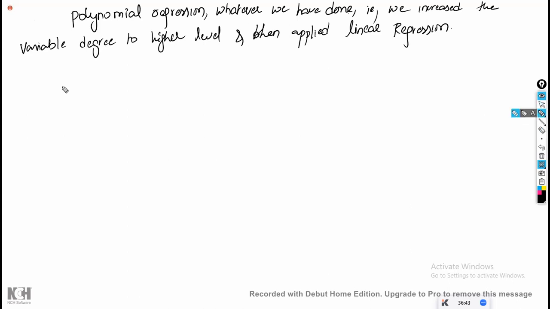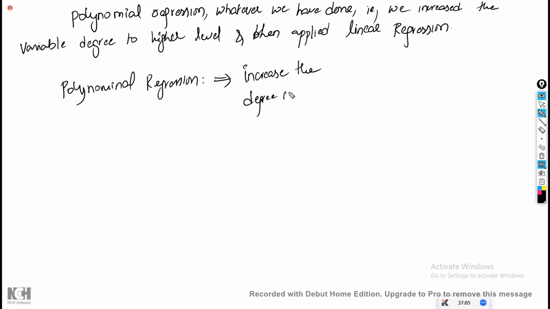Now, what is meant by polynomial regression in shortcut? If someone asks you what is meant by polynomial regression, it means increasing the degree of the variable to a higher level and applying linear regression.